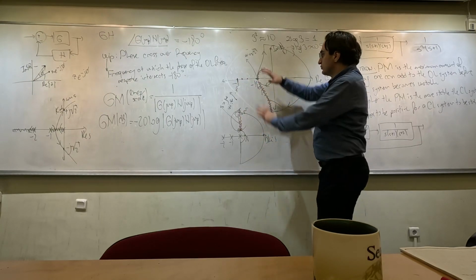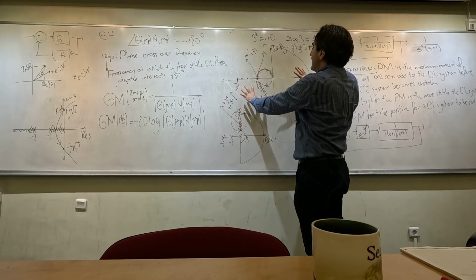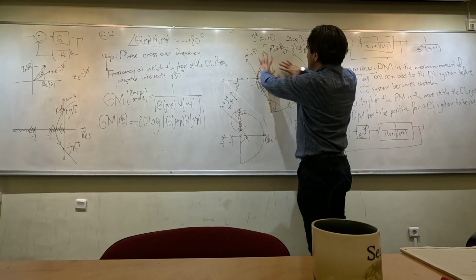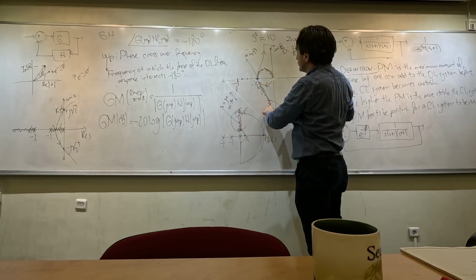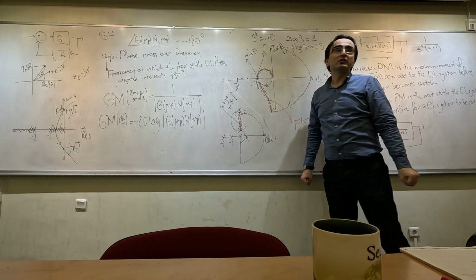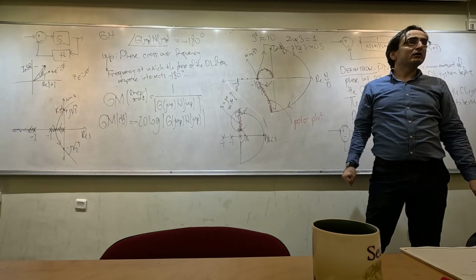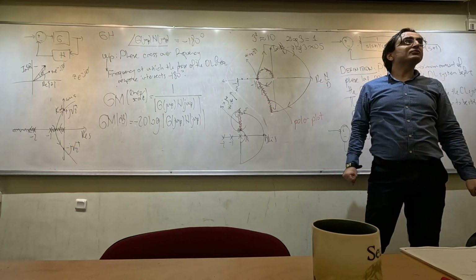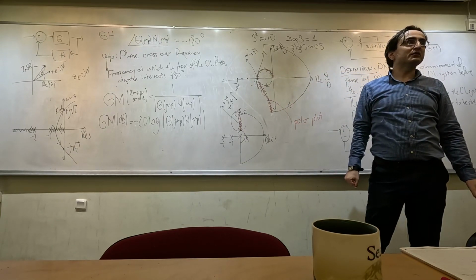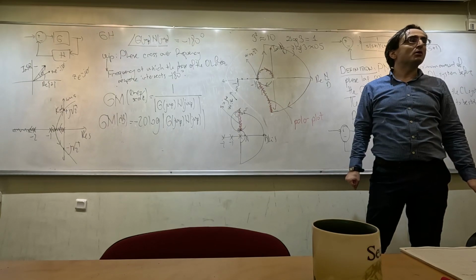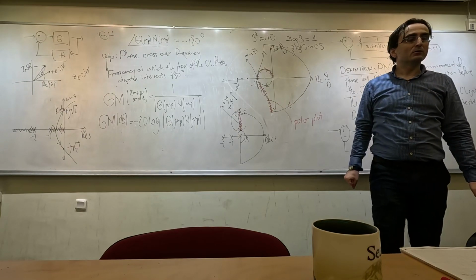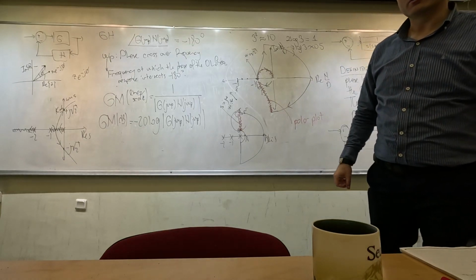That angle at which we reach instability is going to be called the phase margin of the system. That is our phase margin.